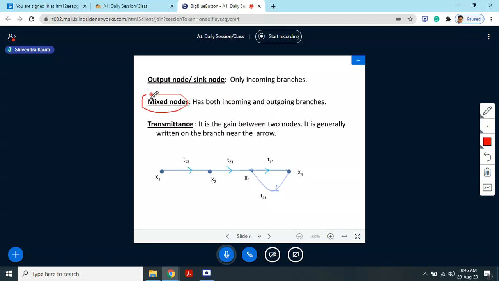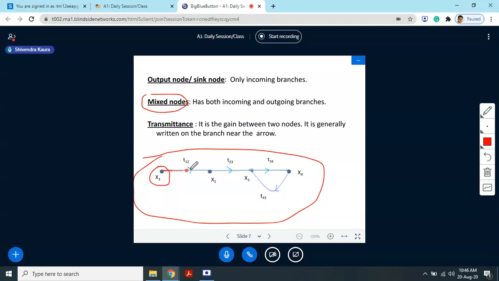Mixed nodes are like, if we consider this diagram given below, here x1 is the input node, the starting node where all the branches are in the outward direction, the arrow is in the outward direction. And this is the output node. And your x2 and x3 are the mixed nodes. There are some inputs, there are some outputs, so these are called mixed nodes.